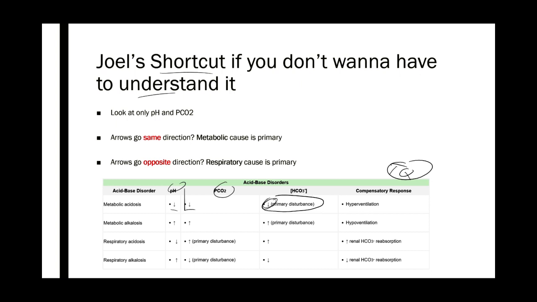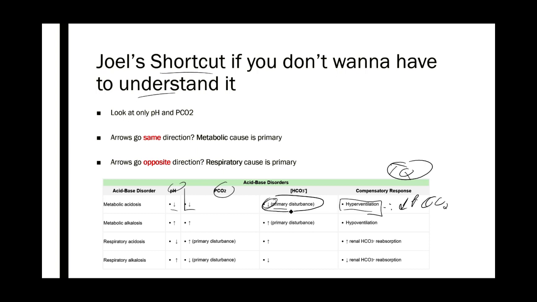And remember, the compensation is the exact reverse. So in compensation, the respiratory system will start to increase the breathing because you want to blow off a lot of CO2. And that's the mechanism you actually see on the lab values, the decrease in PCO2.